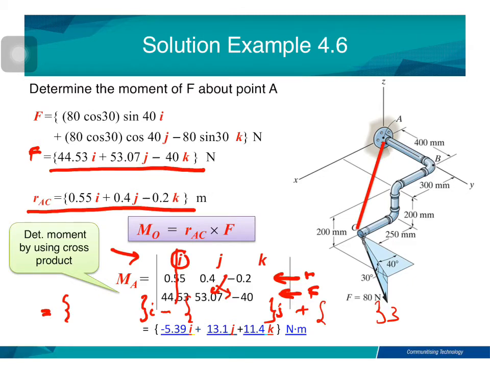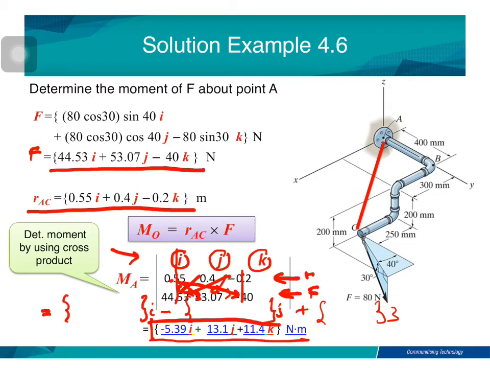And then we move to J. So for J, you're going to have 0.55 and negative 40, minus negative 0.2 with this one. And then the last one, element K. You're going to have 0.55 times 53.70, and then minus 0.4 multiplied by 44.53.